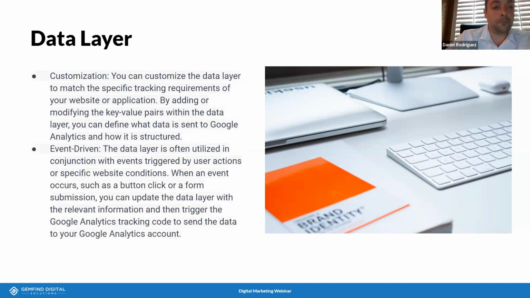Now, as you can also know, the data layer can be customized based on multiple things. So it depends on what you really want to track. But otherwise, Google is going to refer you to multiple dashboards that they know you're going to have success tracking your customers.